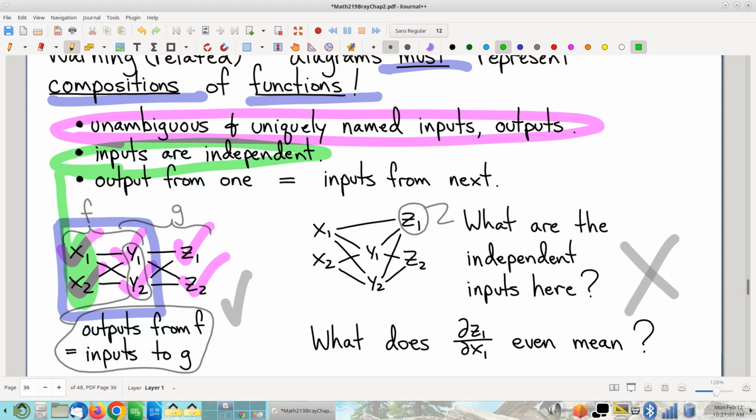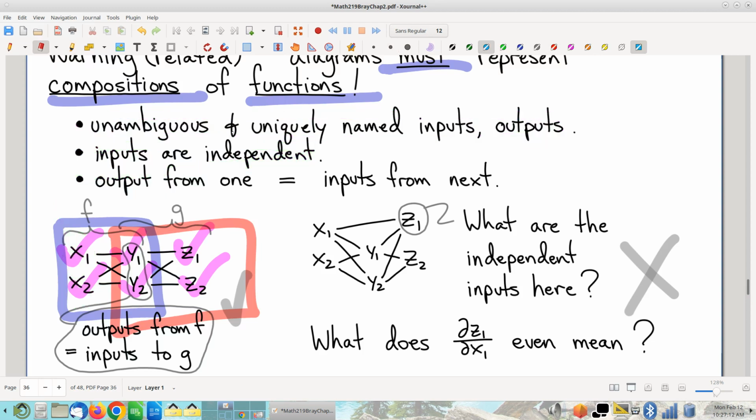And then furthermore, lastly, if I look at the composition, what comes out of the first function has to be what goes in to the second function.